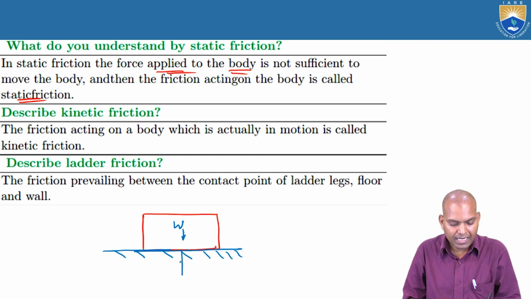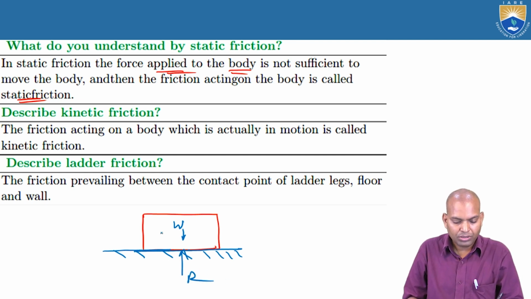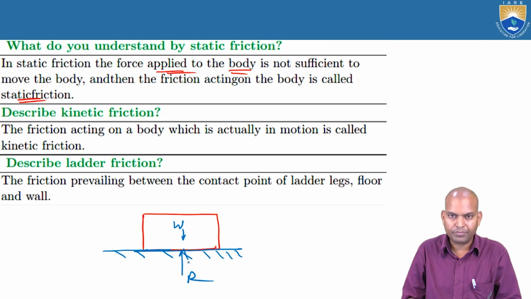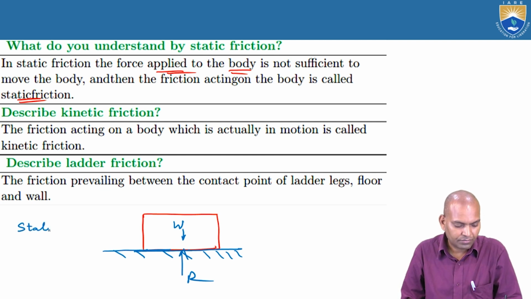So there will be an equal and opposite reaction, known as the normal reaction. Between the contact surfaces, the body is in static condition on the static plane, so friction occurs. This type of friction is known as static friction.